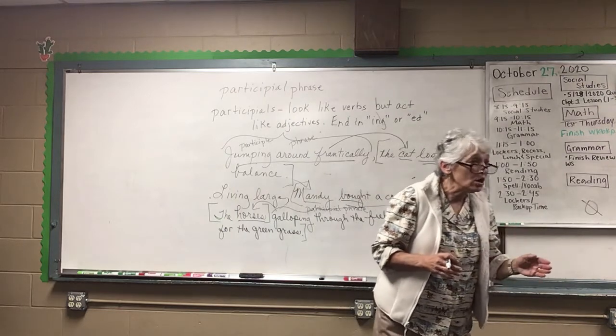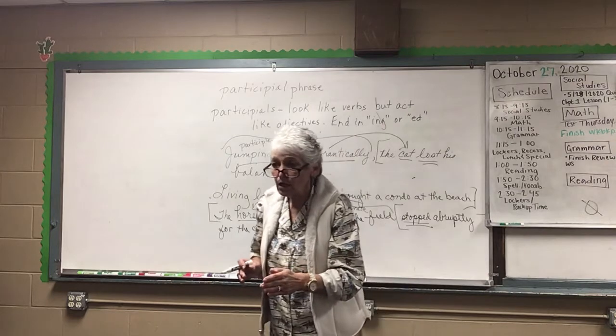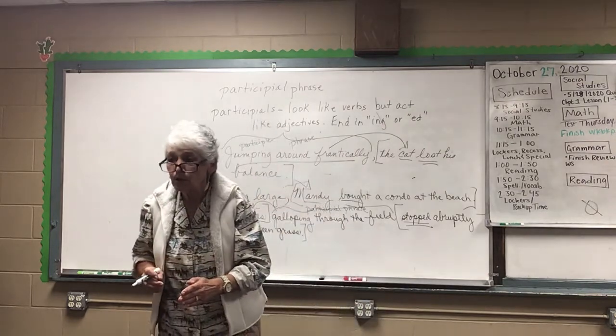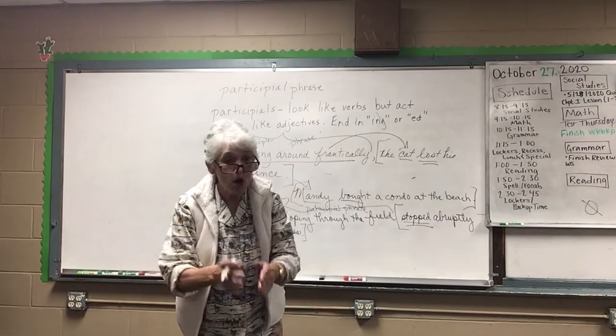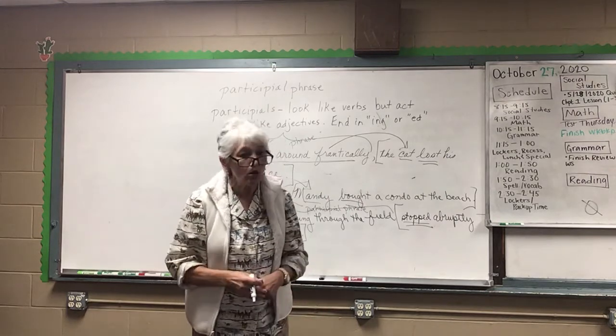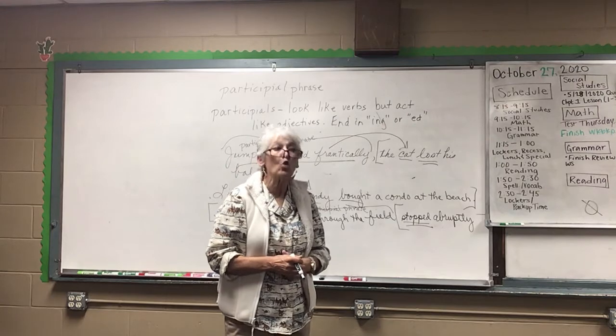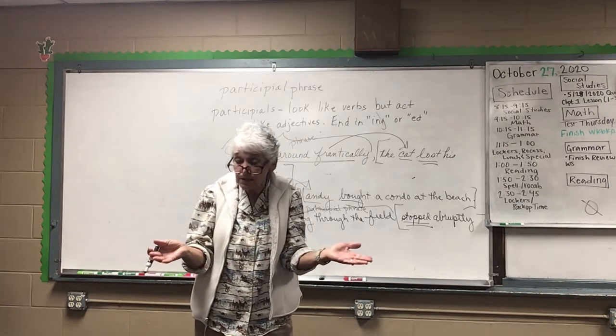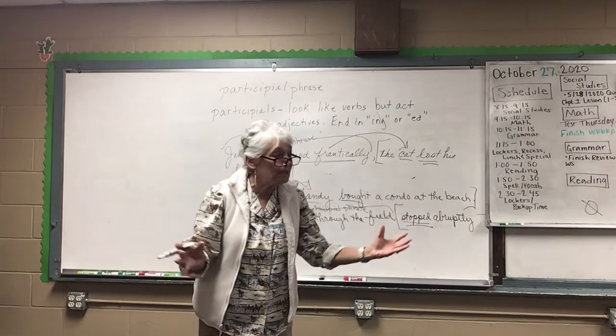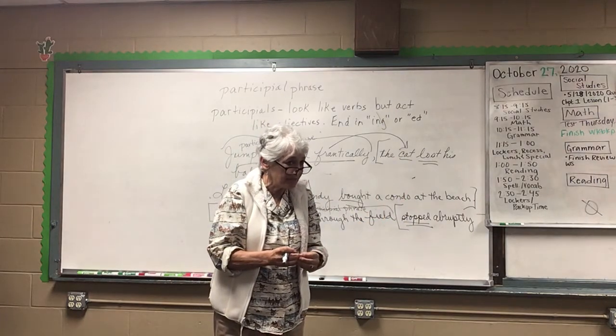The dog barking loudly woke me up. The dog woke me up. Barking loudly describes that dog. I didn't say the dog was barking loudly. Then I could have just put a period and ended my sentence. I'm putting these participial phrases in.